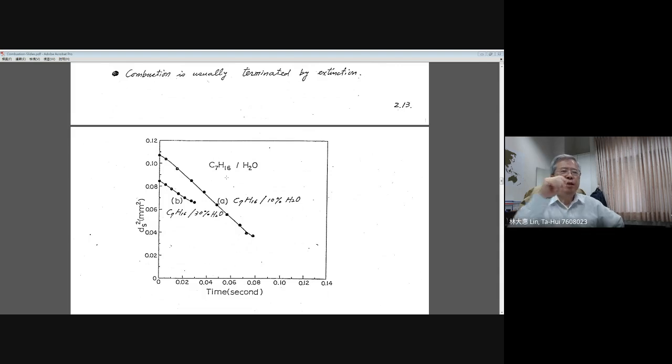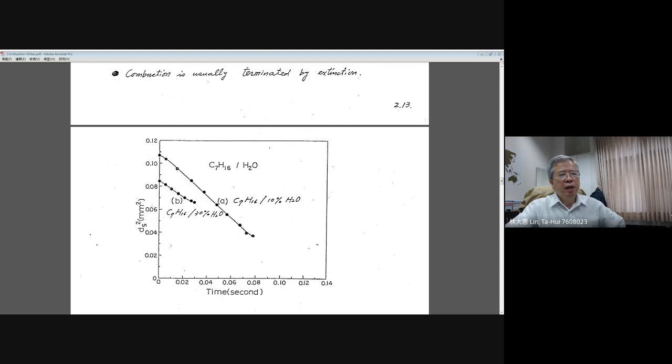Now it is easier to understand these two cases. When you have more water, the water will absorb more heat without contributing to the heat release. You can see the droplet size variation mostly follows the D-square law, but case B has a shallow gradient, a small gradient.